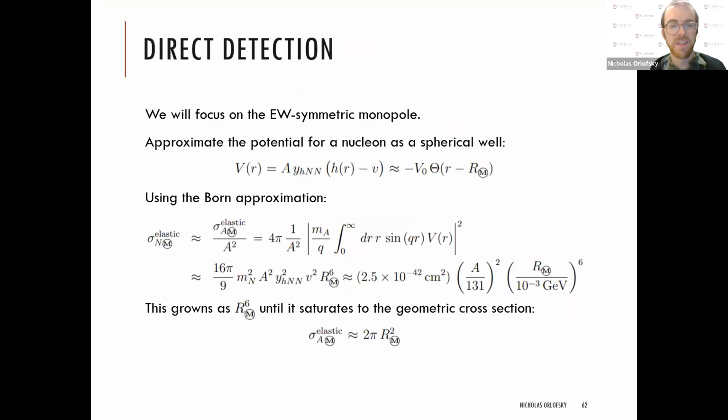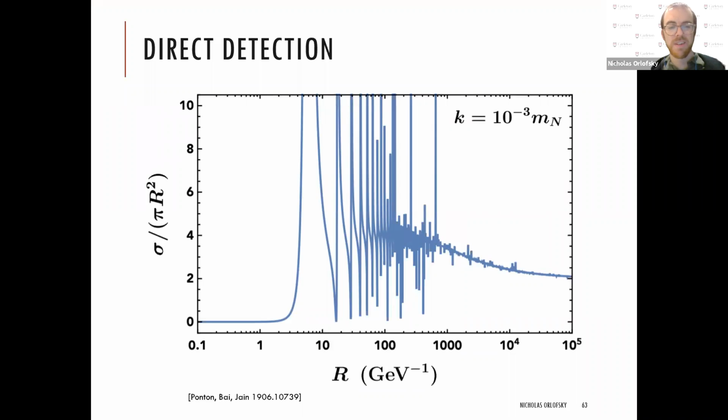But essentially, what you can say is that as the radius of the corona increases beyond about one inverse GeV, it's going to have some very strong reactions with nuclei that it passes by. And once it becomes large enough, this saturates to a geometric cross section, so just going as pi r squared.